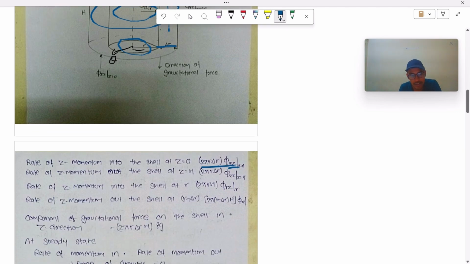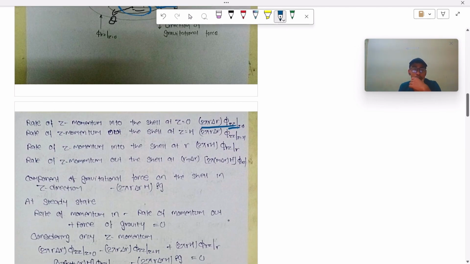So this is our rate, and the component of gravitational force on the cell in z direction is given by minus 2 pi r delta r into h into rho g. This is the volume, and this is density times acceleration due to gravity.